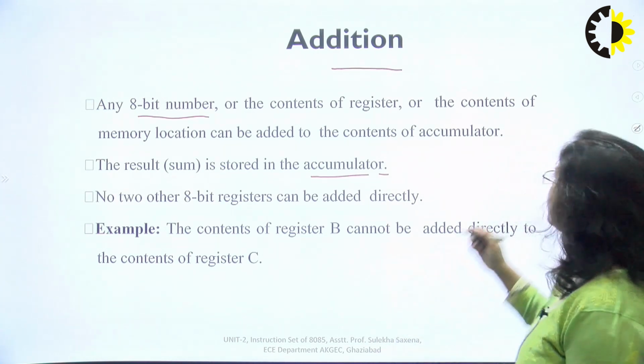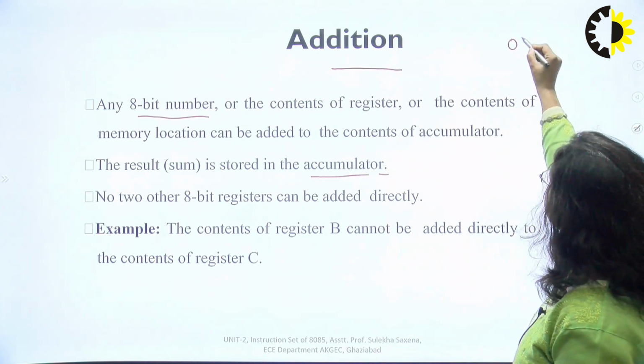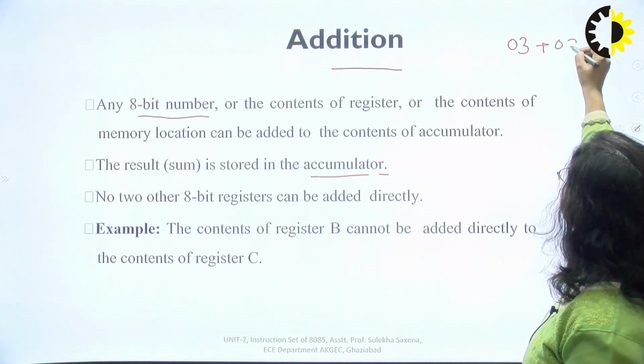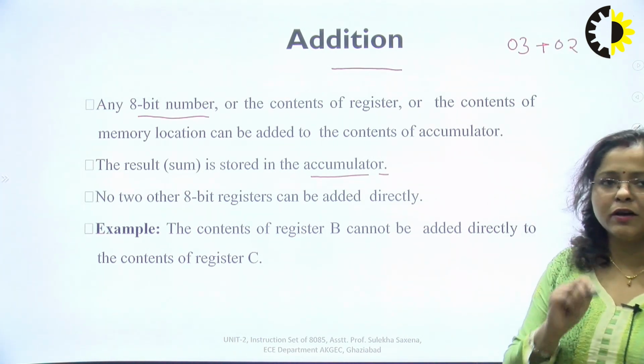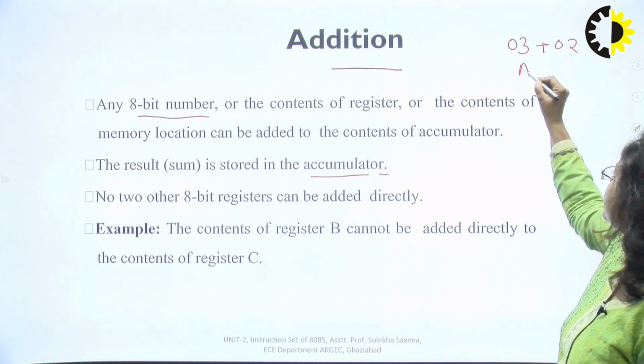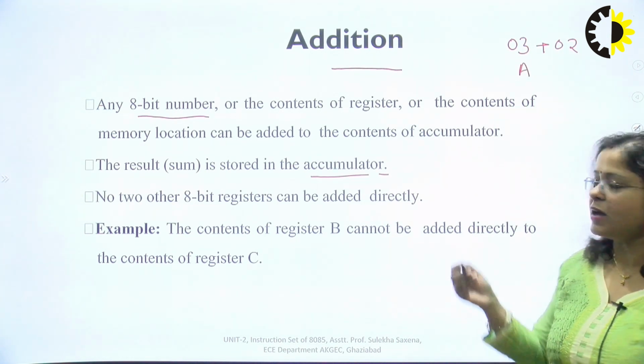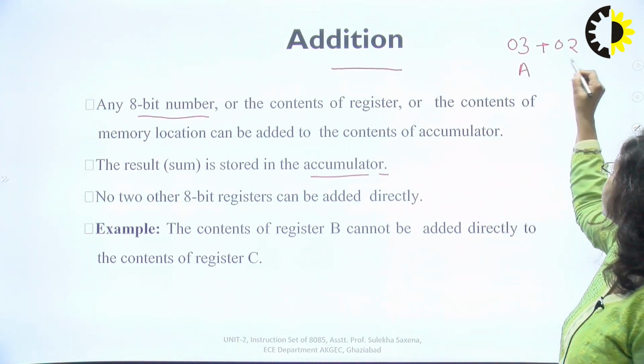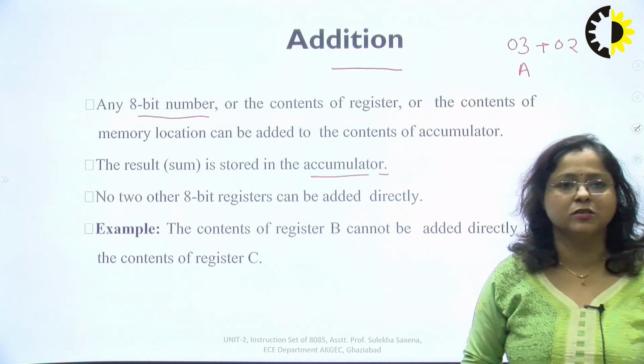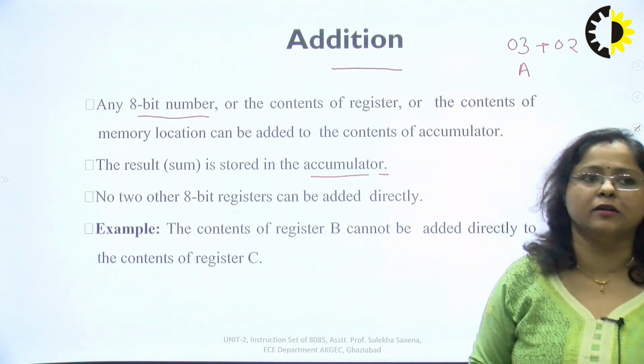So, if we have to perform 3 plus 2, for example, then one of the inputs will always be from accumulator and we will specify the second input, either from a register or memory location or immediate data.